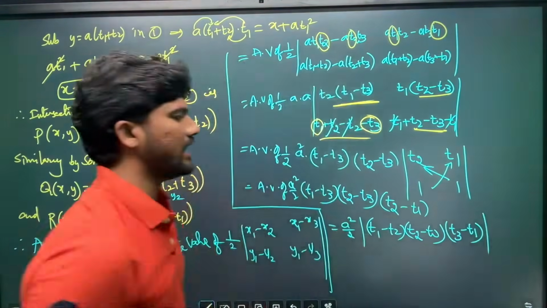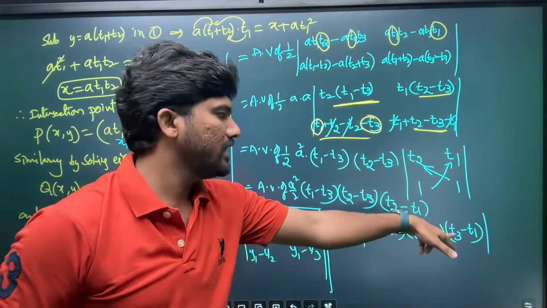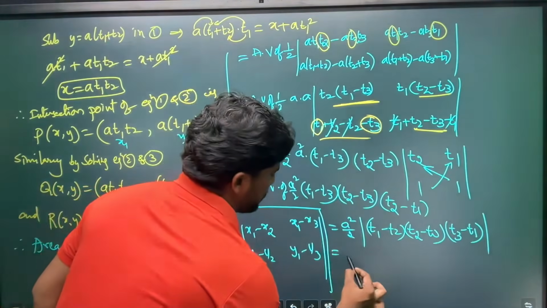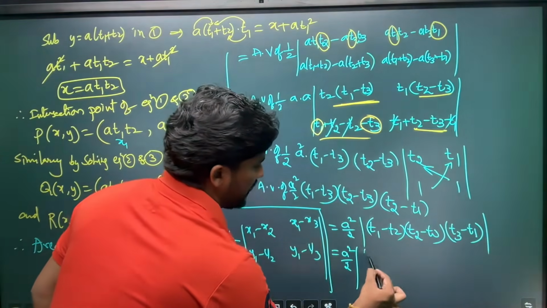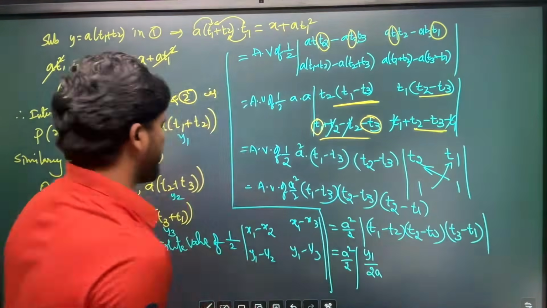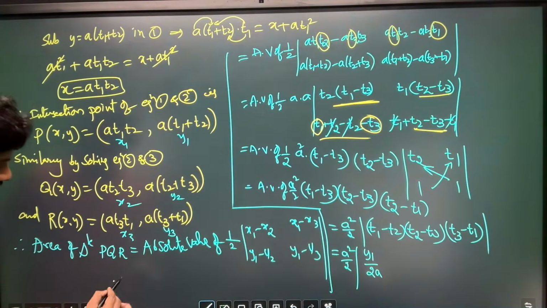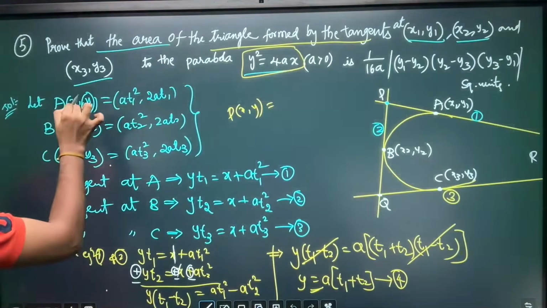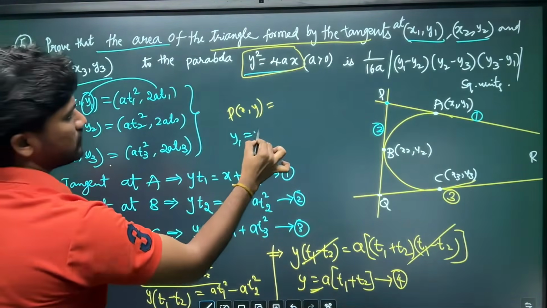I am explaining directly why, because from yesterday's class you know very well, t1 minus t2, t2 minus t3, t3 minus t1. So sir, what is t1 value? T1 value you know very well, a square by 2 into what is t1 value, y1 by 2a. Clear? So you know very well, we took x1 as a value here. From here what is y1 value? y1 is equal to 2a t1.